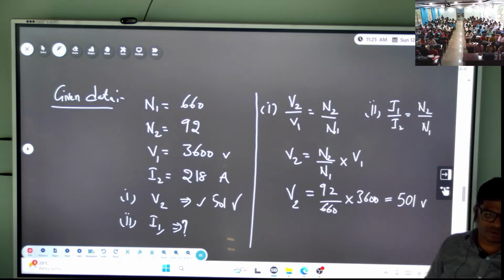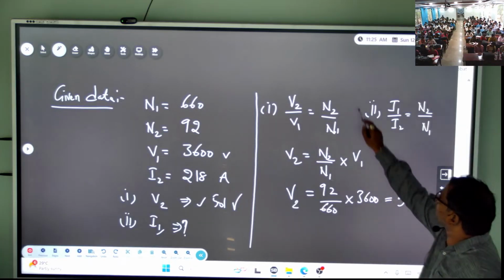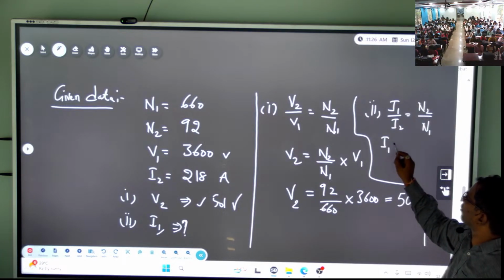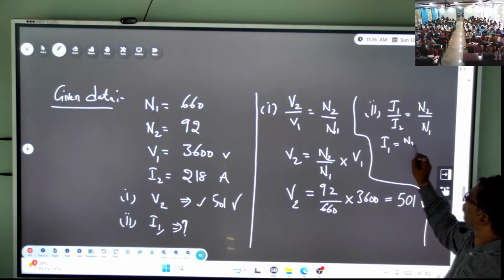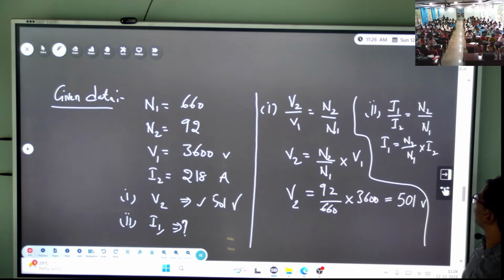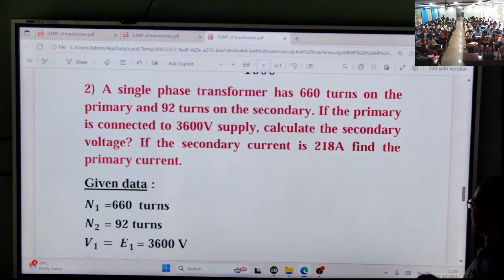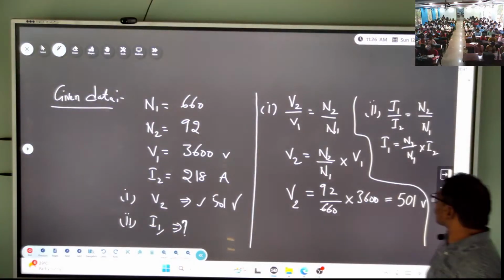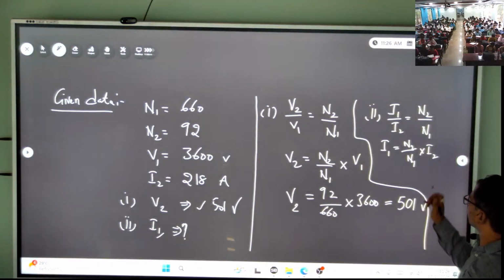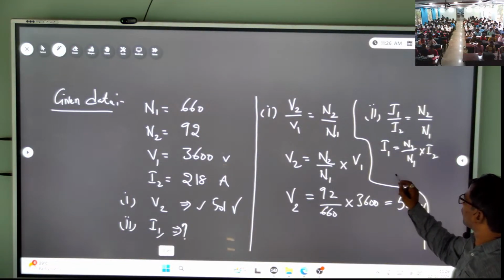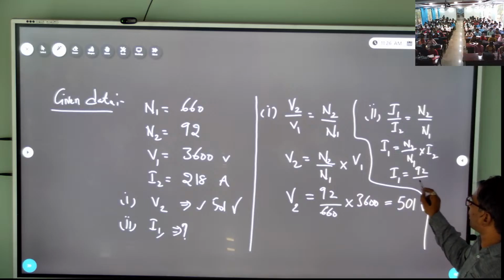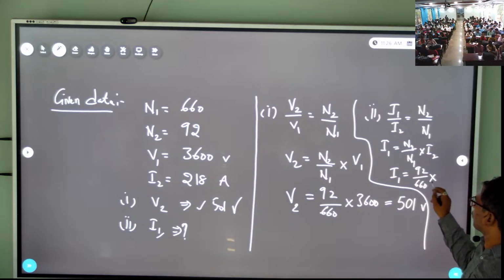I1 you need to find out. Okay. So I1 is equal to N2 by N1 into I2. So here, I1: N2 is how much? 92 by 620 into I2.